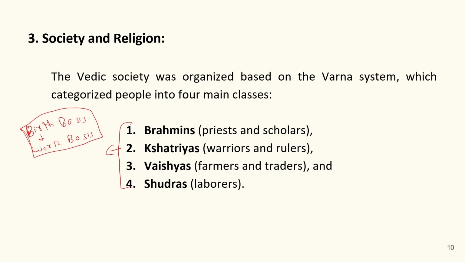And one who is doing a laboring job or is an artisan will be a Shudra. Okay. But when they went from the early to the later age, this system ended and it became a birth basis. If the father is Brahman, then the son will be Brahman. If the father is Kshatriya, the son will be Kshatriya. If the father is Vaishya, the son will be Vaishya. If the father is Shudra, then the son will be Shudra. Got it?